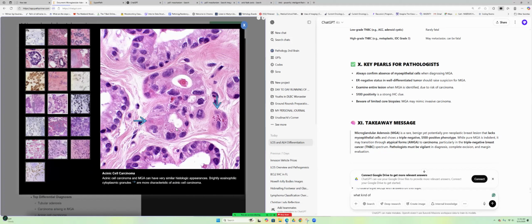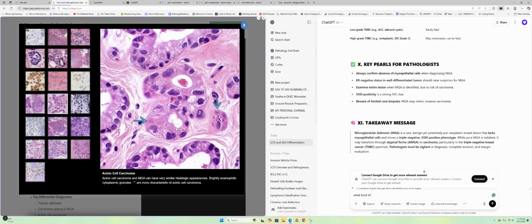How do you know acinic cell carcinoma on high power? They have granules, basophilic granules.